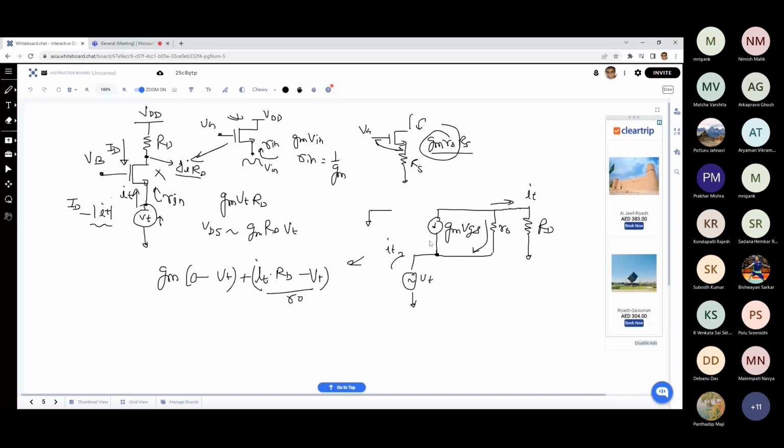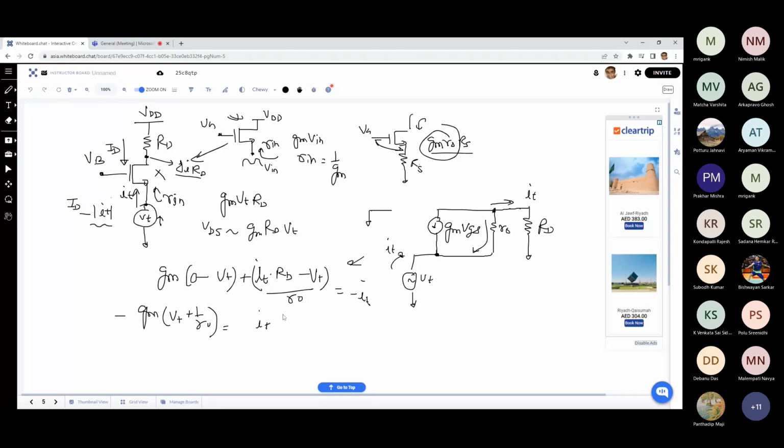So this should be equal to minus IT, right? If you look at the direction, the gm VGS current plus VD, which is written as ITRD minus VT, upon RO, should be equal to minus IT. This should equate. Then I can find the net current. So gm plus 1 upon RO, times VT, is equal to, of course with a minus sign, and I can take IT over to this side.